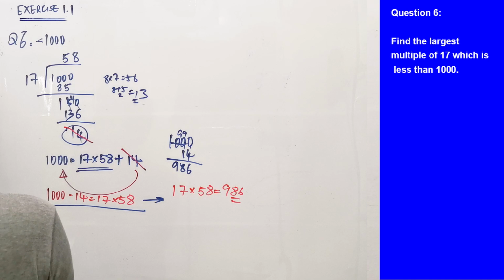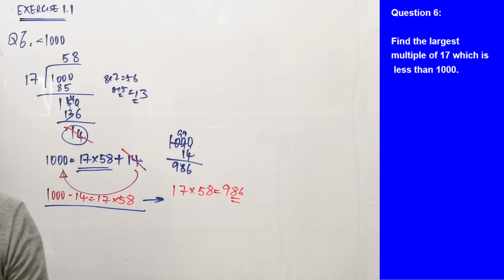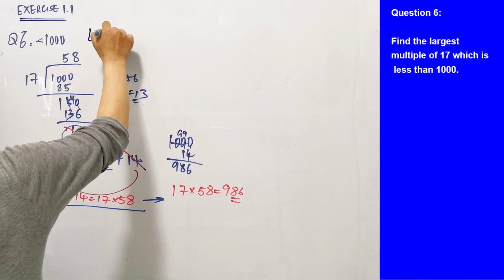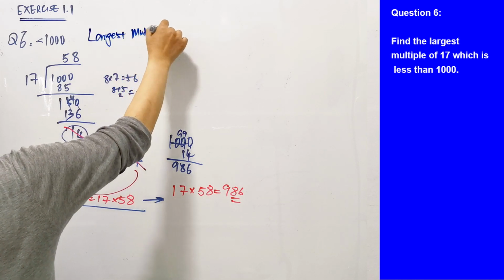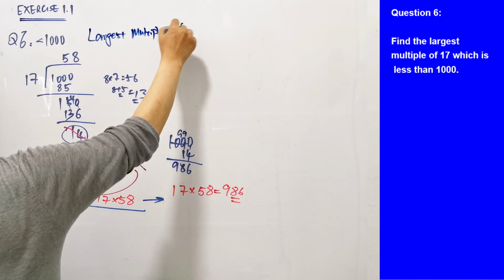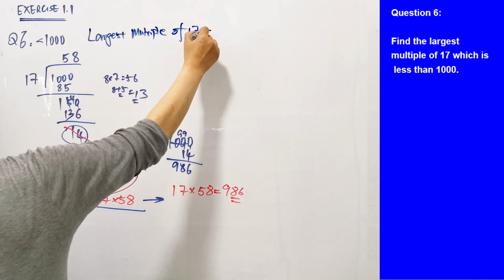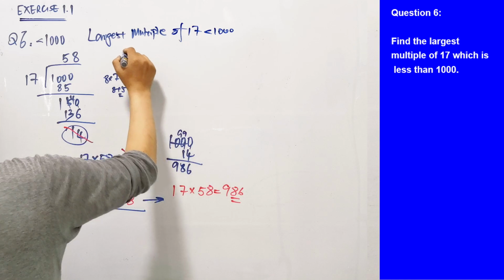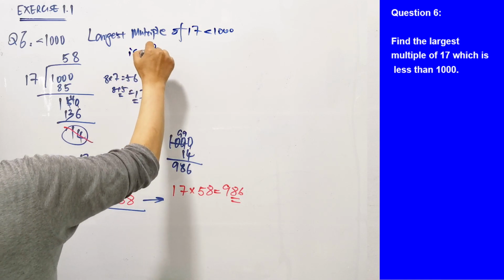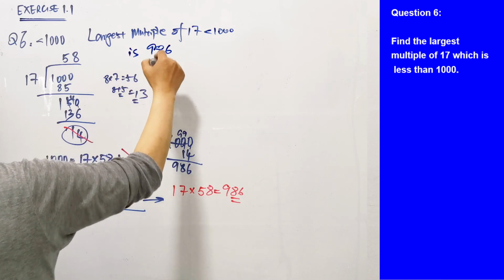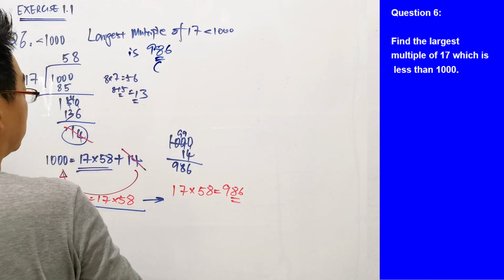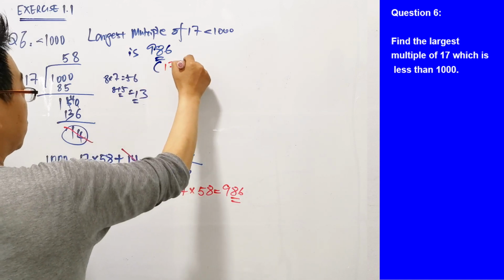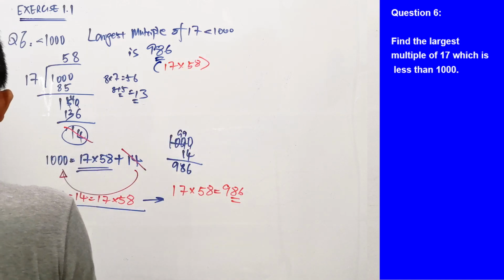So the largest multiple of 17 less than 1,000 is 986. Actually, 986 is 17 times 58, right? Okay, so this is the answer, right?